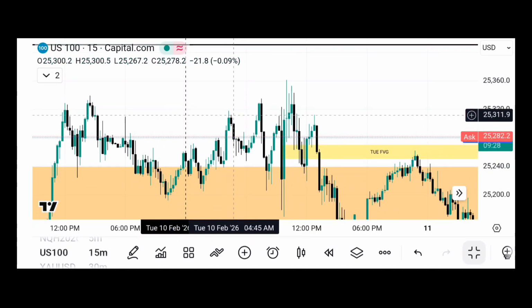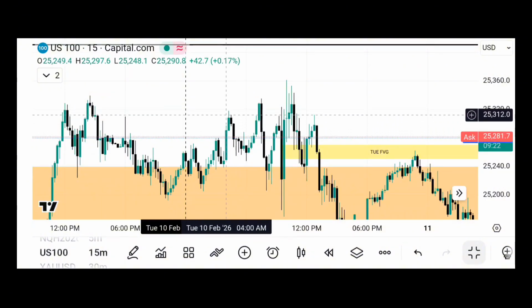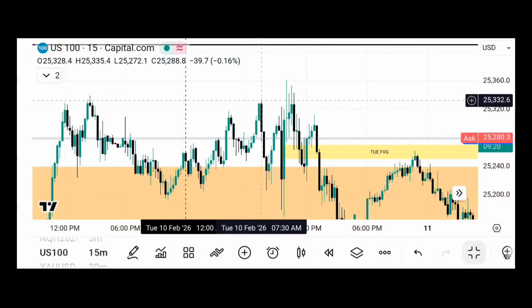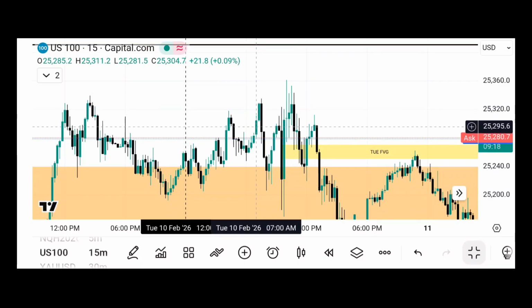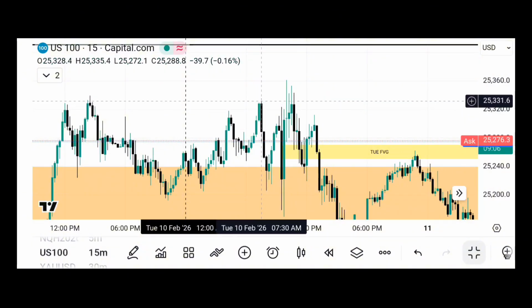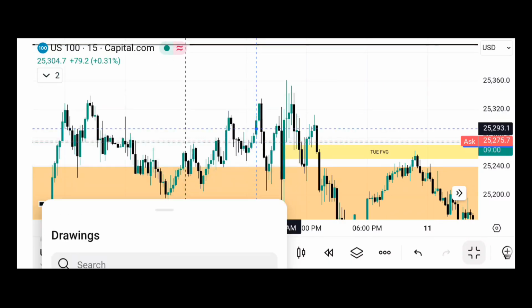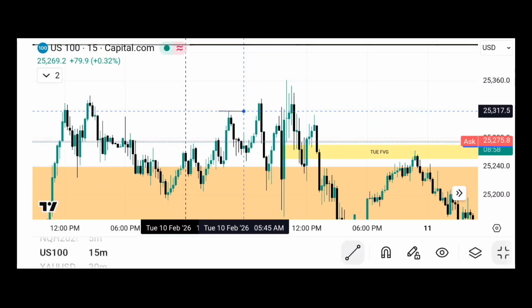This high was created during the London session. This was the last high created during the London session. And during the pre-market session, this high was created around 7 a.m. Price ran out this high to take out buy side liquidity.